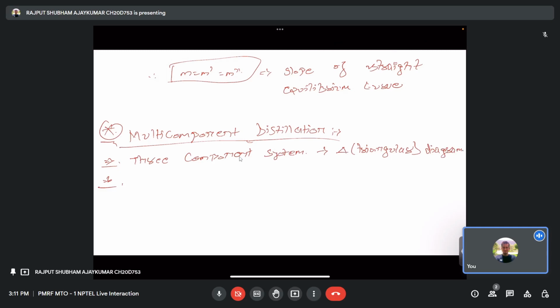The second case is more than 3 components, where graphical treatment is very complicated. If there are more than 3 components, this graphical representation will be very difficult to represent.